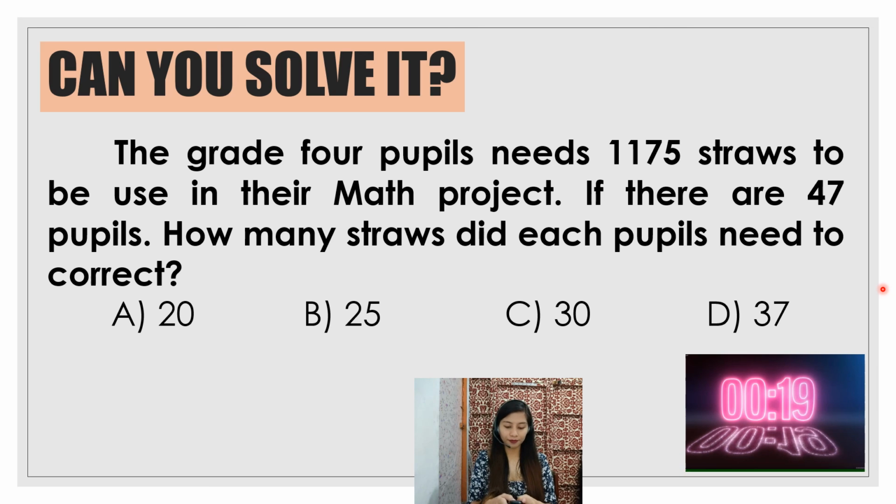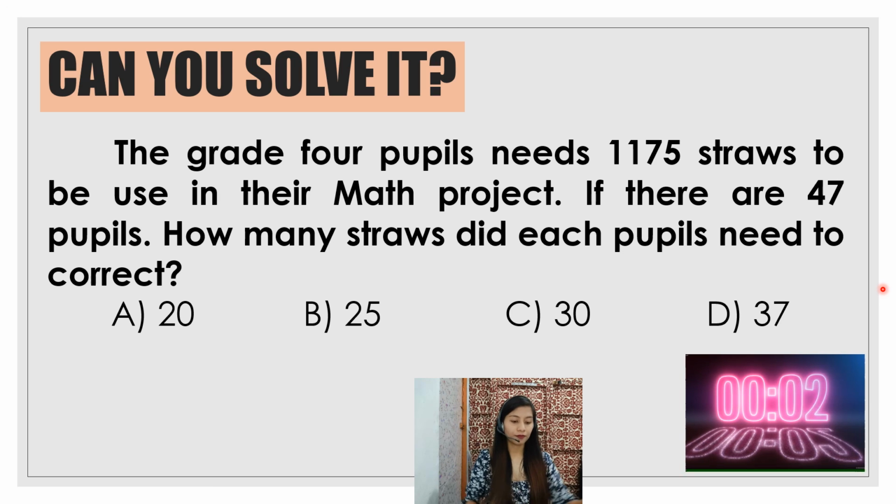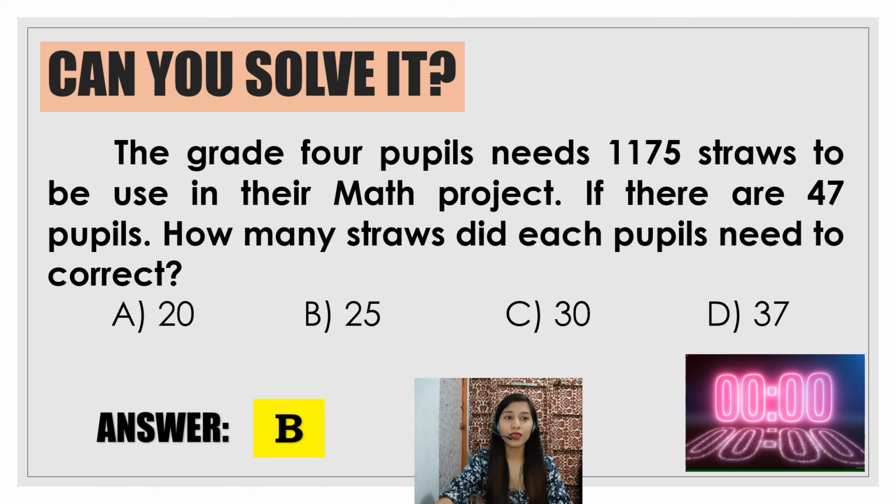T minus 20 seconds. Okay, timer stops. So the correct answer is letter B, we have 25 straws. So each pupil will make 25 straws.